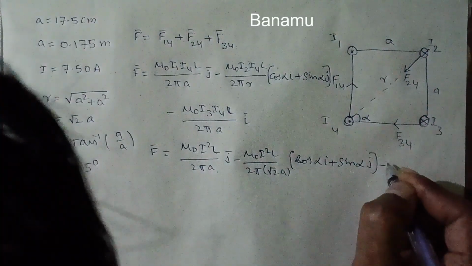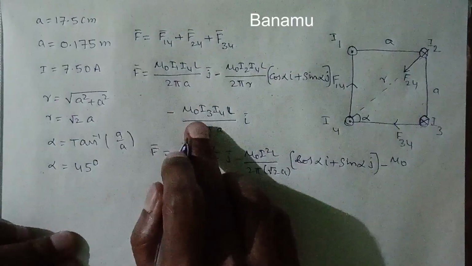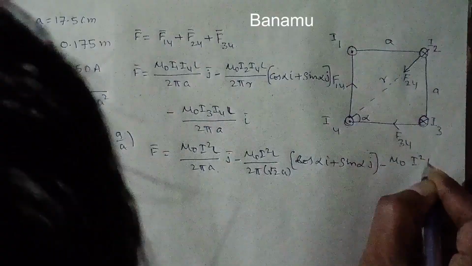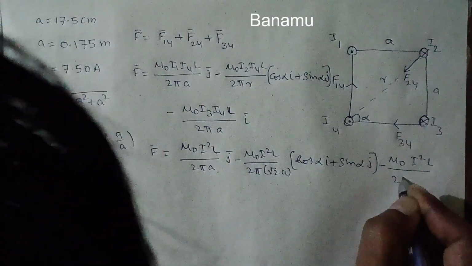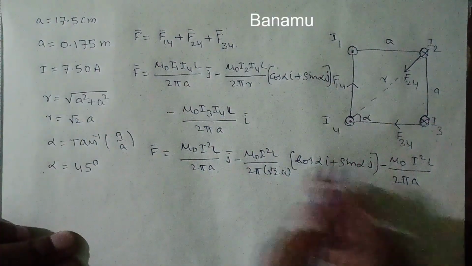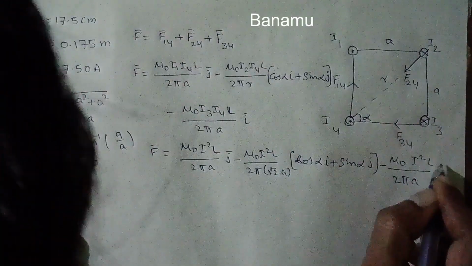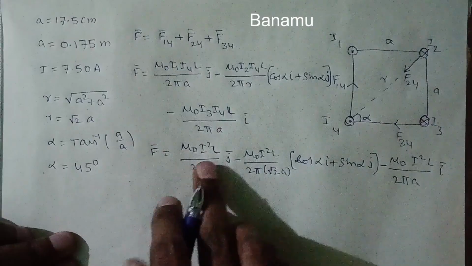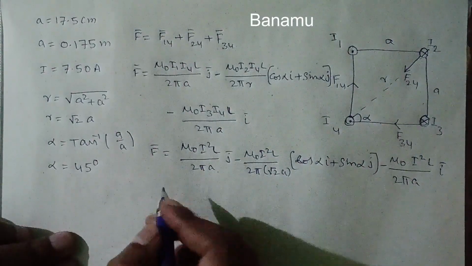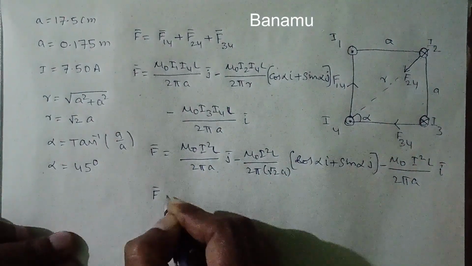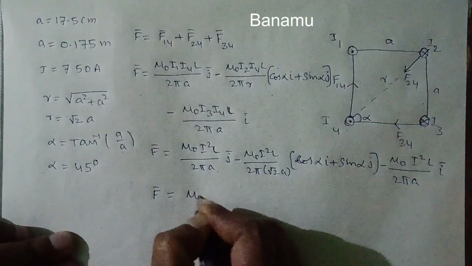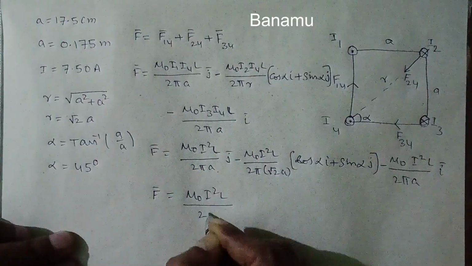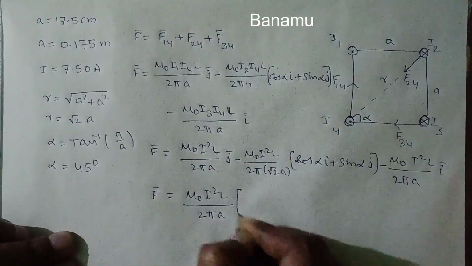minus mu naught I3 I4, meaning I square L by 2 pi A, the direction along i bar. So from this equation, taking the common factor mu naught I square L by 2 pi A, F bar is equal to mu naught I square L by 2 pi A times the following.